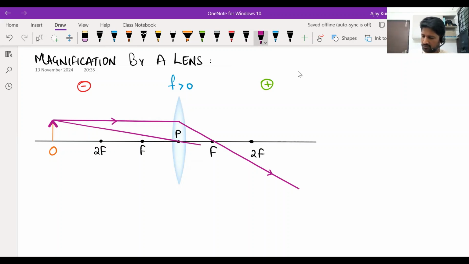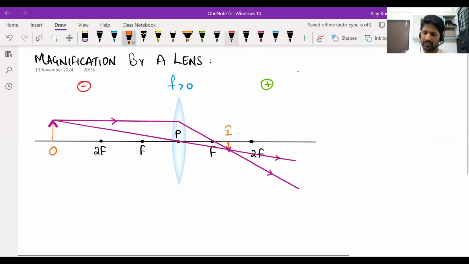It passes without deviation and it meets the other ray here. And this is where the image forms. That small arrow is the image.